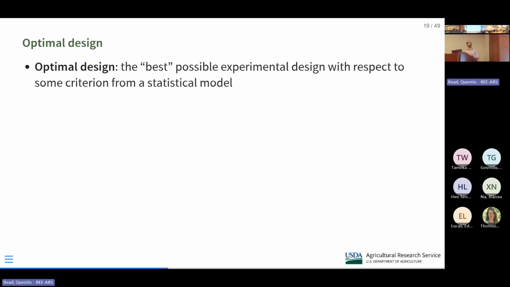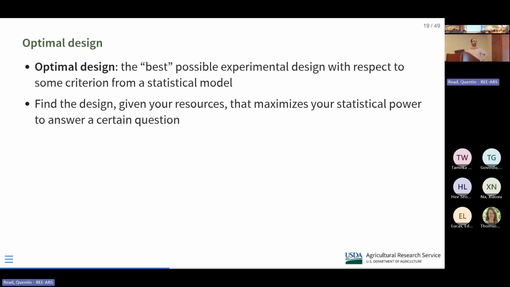So there's this concept called optimal design that I'll talk about. Basically, if you have a statistical model, and you're trying to estimate something like the effect of a drug, then there's a best design that will let you efficiently estimate the outcome that you care about.